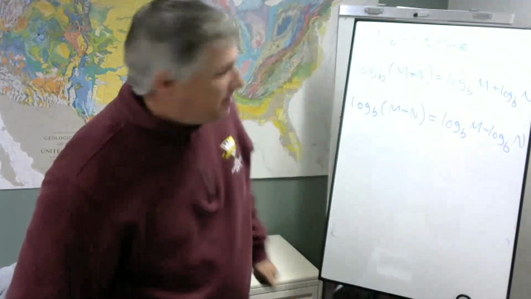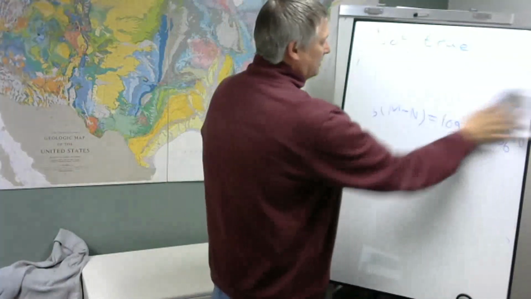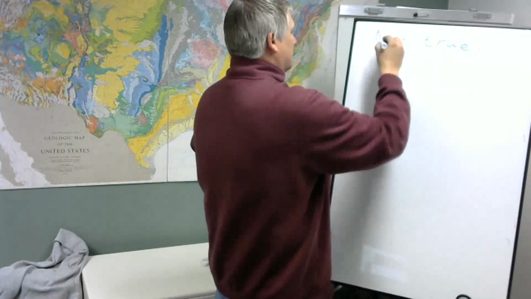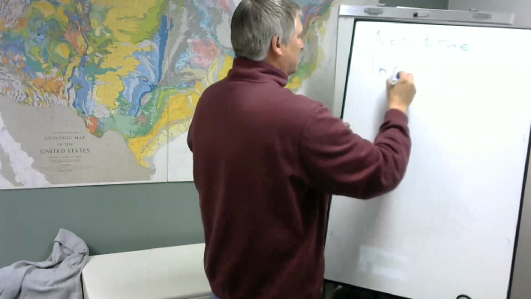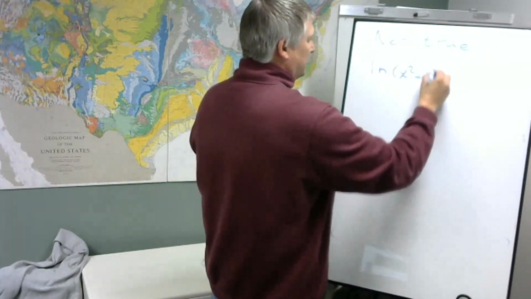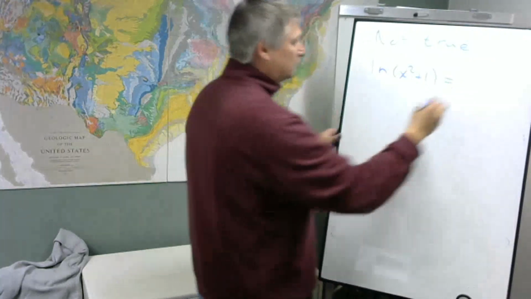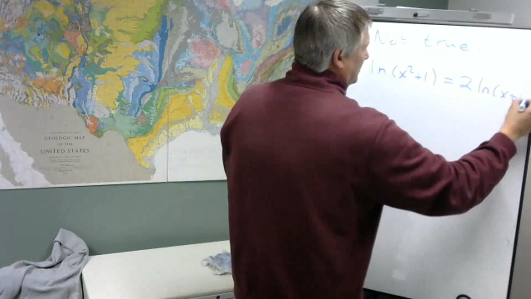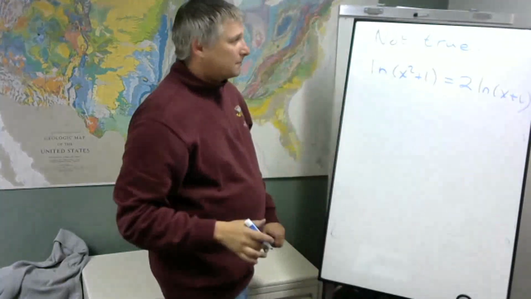And then when you have embedded exponents, like we have natural log of x squared plus 1, this is not equal to natural log x plus 1. That is not true.